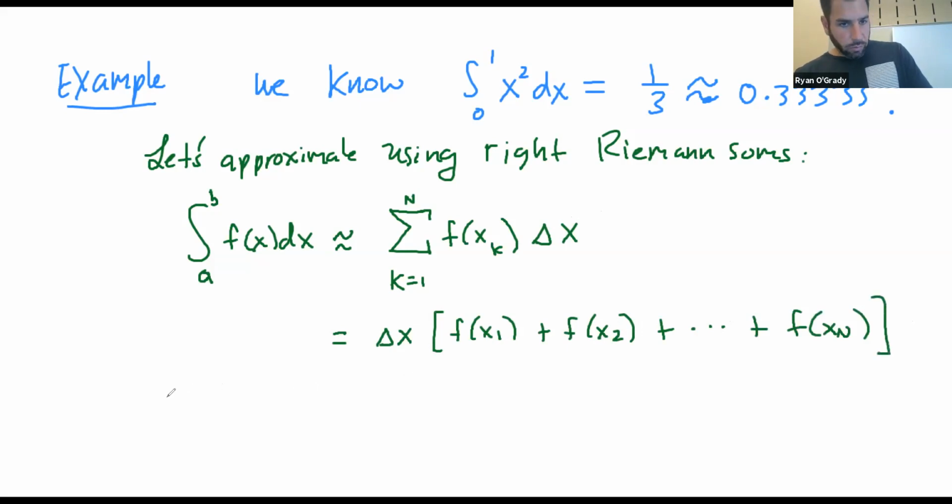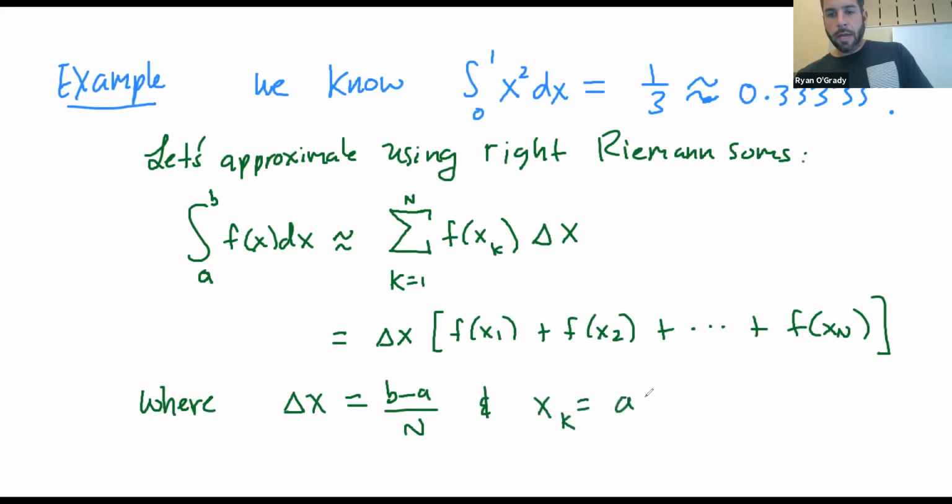And what's important to remember, and this is the part most of you forget, is that delta x we define to be b minus a over n, and x sub k is equal to a plus k delta x. We first encountered this way back in Calc 1 when we defined the integral. In fact, our definition is just the limit of this Riemann sum.